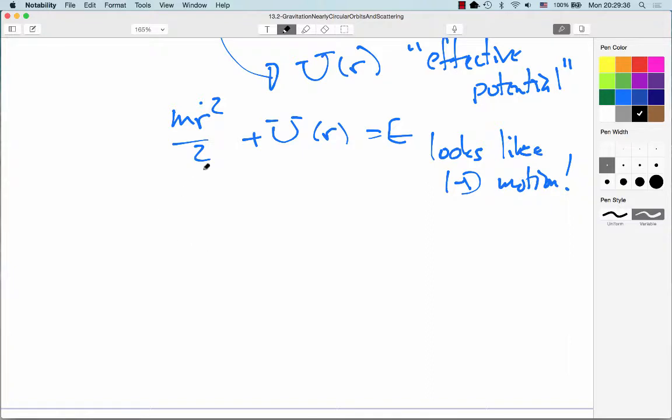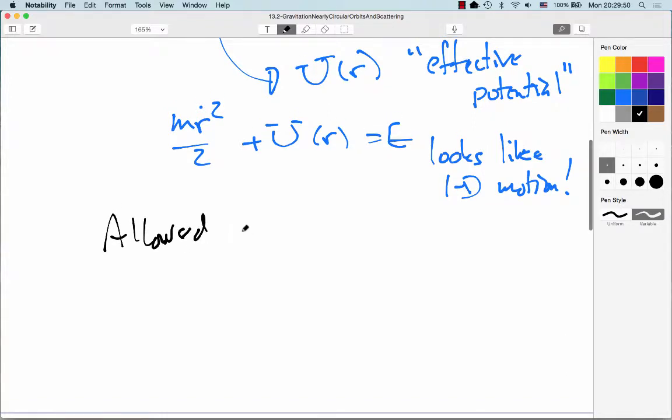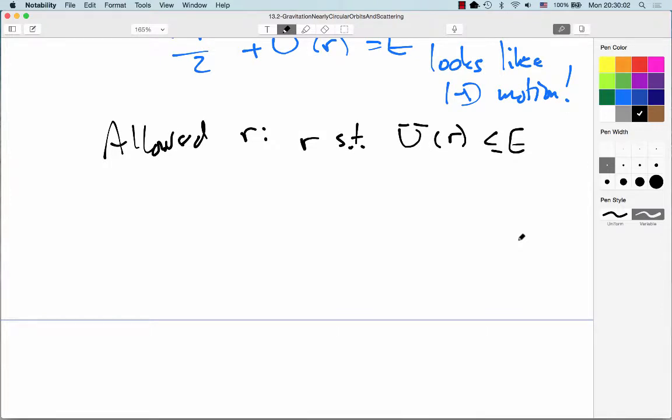So if we follow this further, our r dot squared has to be greater than or equal to 0. So the only allowed values of r are r such that the effective potential is less than or equal to the total mechanical energy.